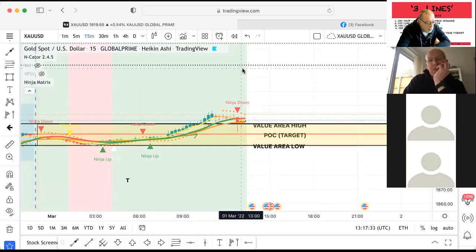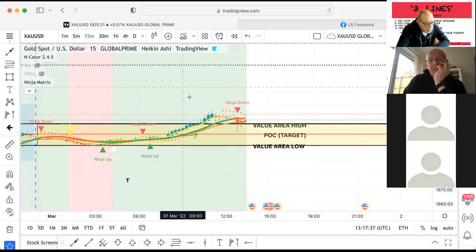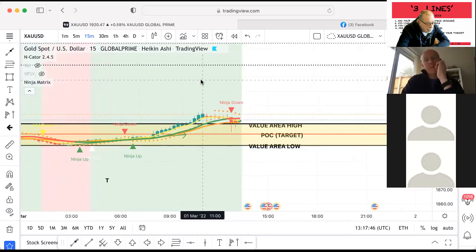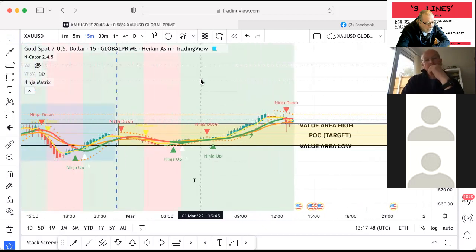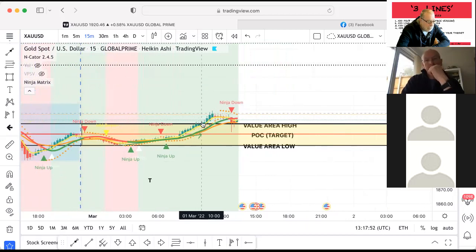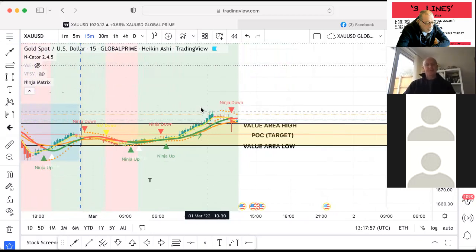I won't waste time going back, but I've marked that as a previous high. So that is a potential target, but it's a huge gap from where price was up to there. And we might be lucky and get price going up there, but it's a bit unrealistic to expect price to go all that way up there. So the problem we've got with this third potential trade is, where do we place our take profit?